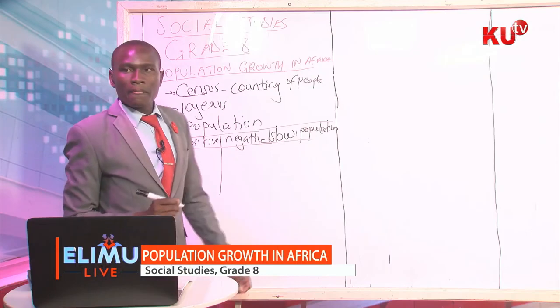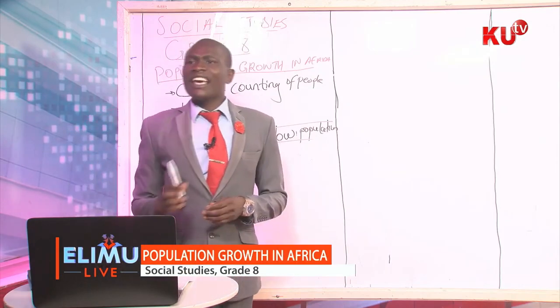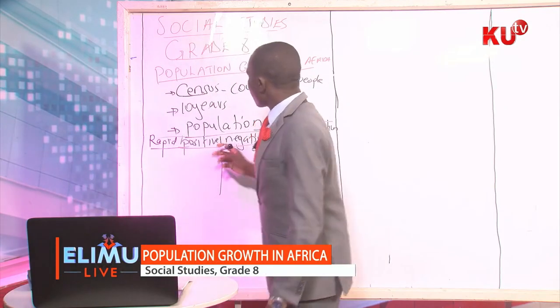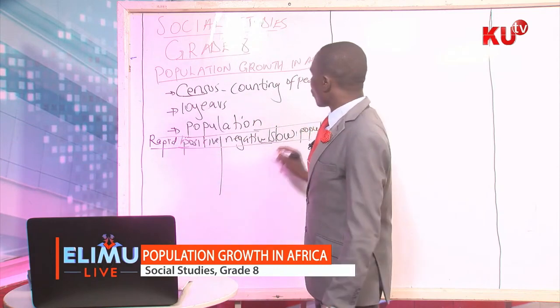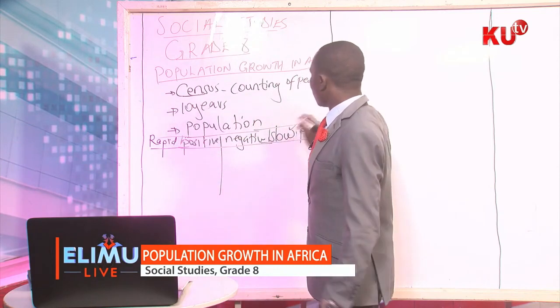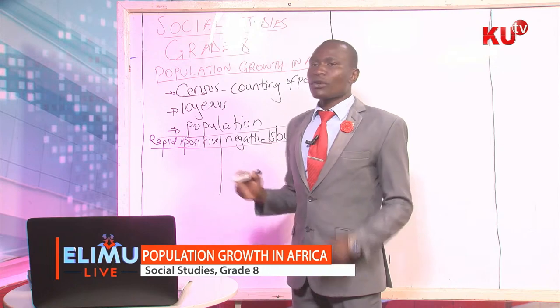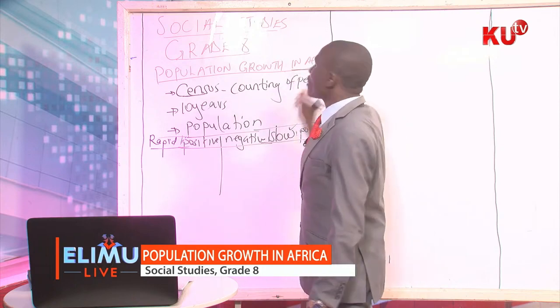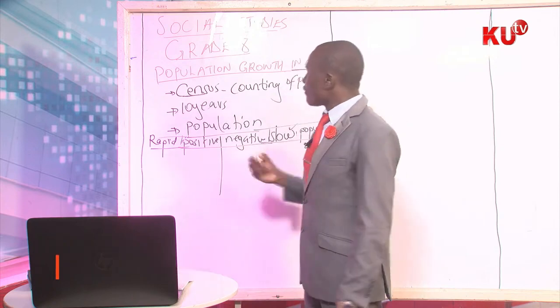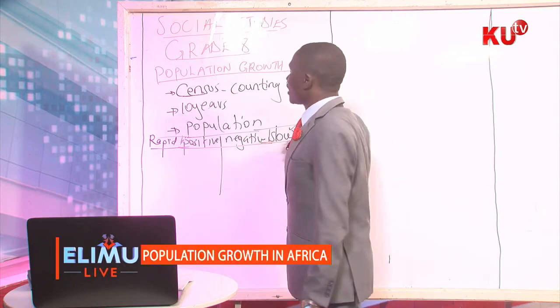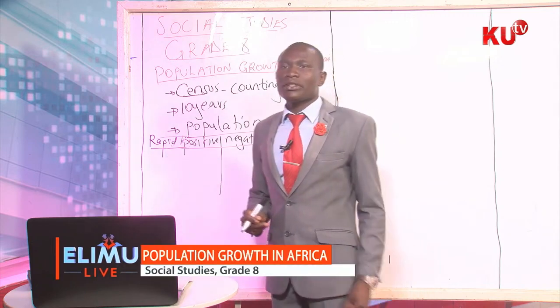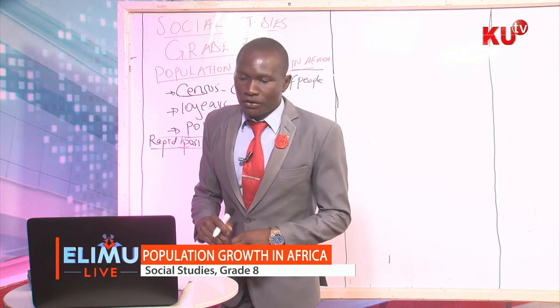Now, in Kenya, we have both rapid population growth and negative population growth. Also, in Africa, because now we are referring to Africa, we have areas that have slow population growth and areas that have rapid population growth.